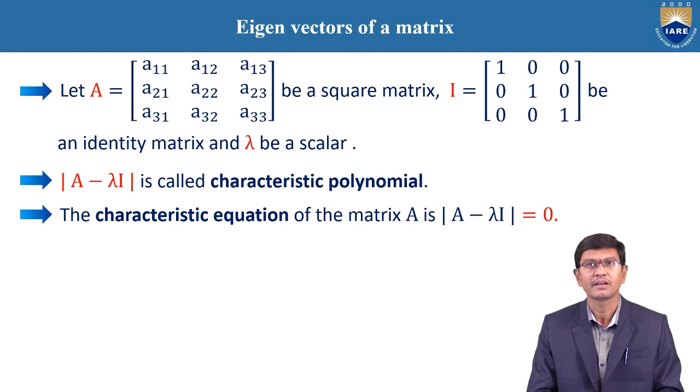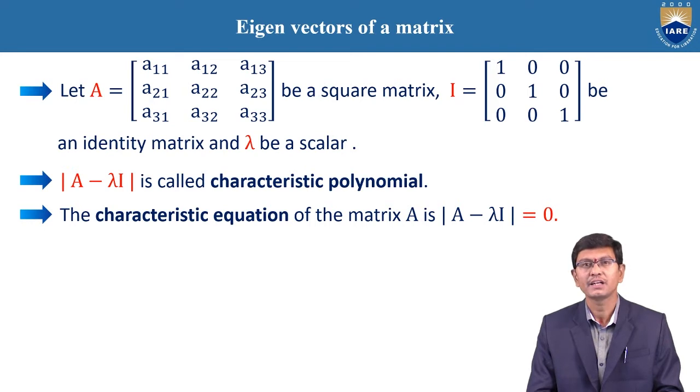Lambda is a scalar. With the help of A, lambda and I, we need to find the characteristic polynomial, the characteristic equation, and the eigenvalues, that is, the characteristic roots.